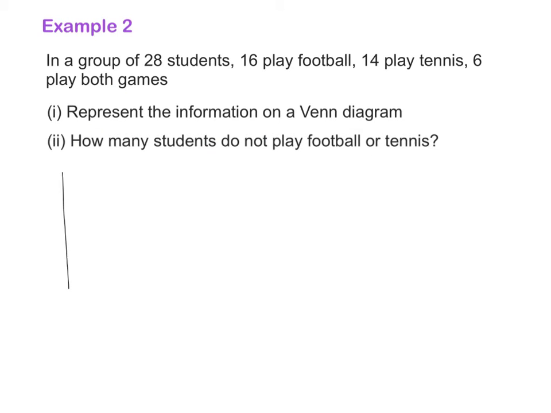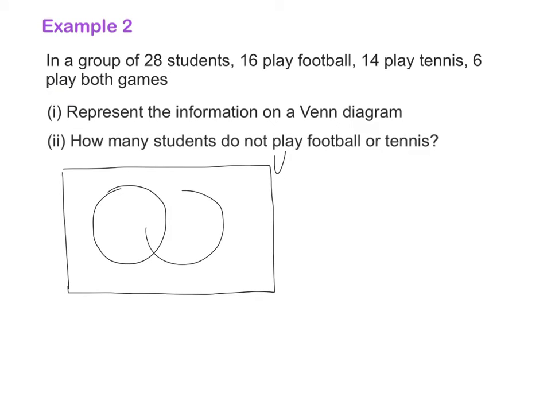Draw our rectangle, that's our universe, and 2 circles. So first circle stands for football, students who play football, and the second one, T, for tennis. So all students who play tennis go in here, and all students who play football go in here.